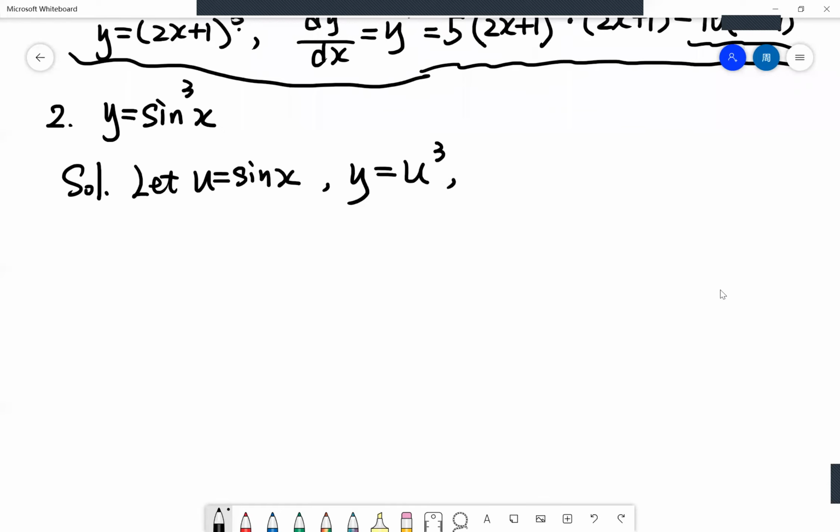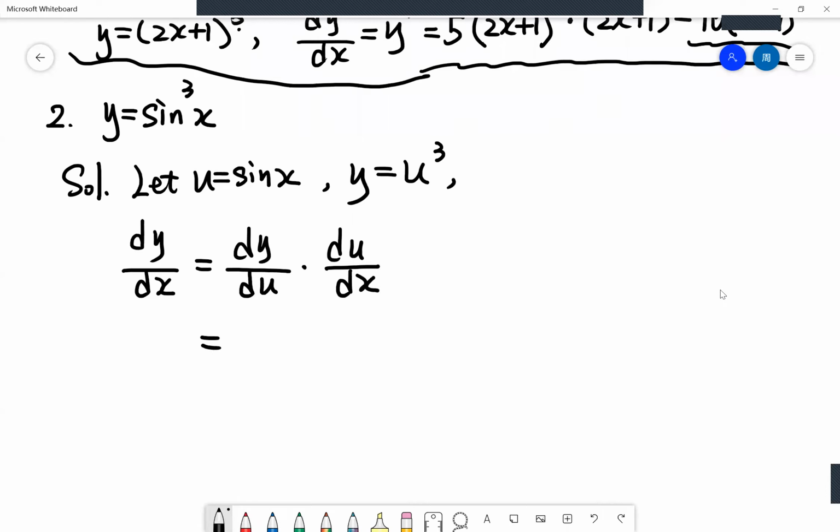So you can get dy by dx equals dy by du times du by dx. So you should calculate part by part.